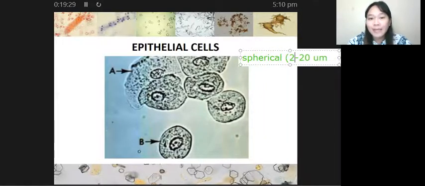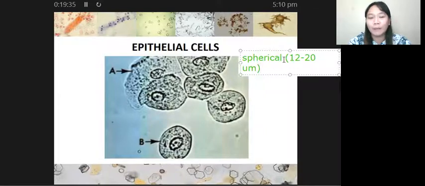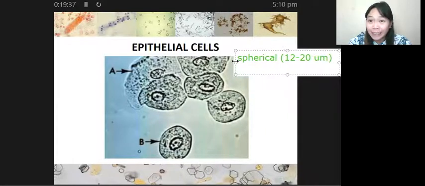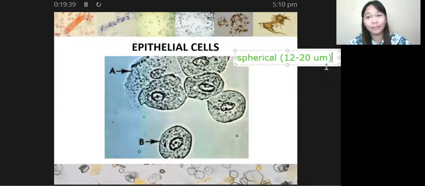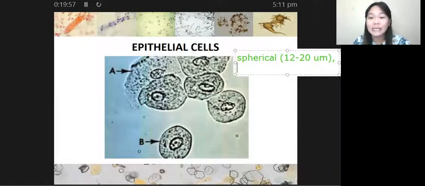Alright, so since ang ating transitional epithelial cells have the ability to change their shape. Tama? Oh, tama, di ba? Yes, tama yan. Pinag-aralan nyo yan sa histology. Kaya nga sila tinawag na transitional kasi they can change their shape. Okay? And so, hindi lang spherical ang pwedeng shape ng ating transitional epithelial cells.